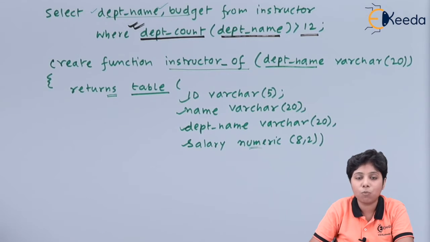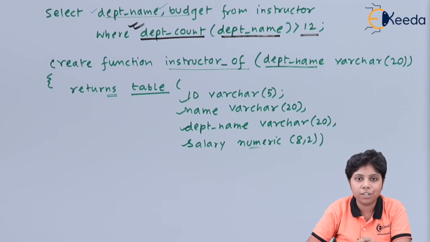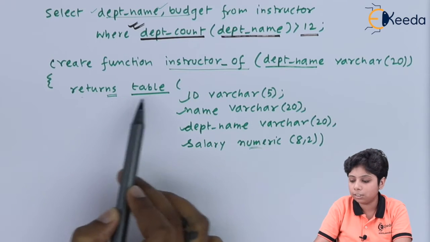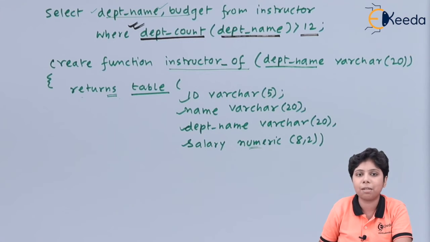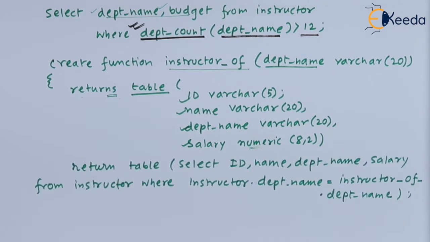Now I will use the keyword return to actually return the value to the table. So the difference we need to mark is that returns table means I am defining the table structure on which I want to return the value. Now see, I have used return to return a table selecting all the attributes from instructor, where the relation dot department name equals the function name dot department name.